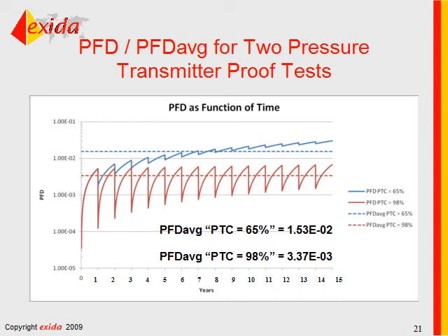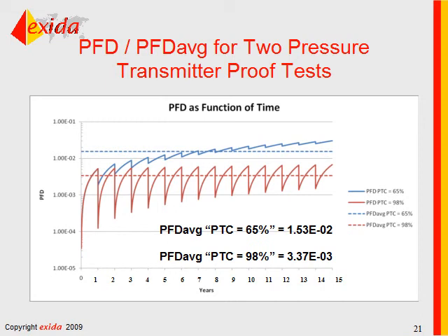So there is almost an order of magnitude difference between the calculated average probability of failure on demand for the same transmitter, but with different effectiveness of the proof test coverage.